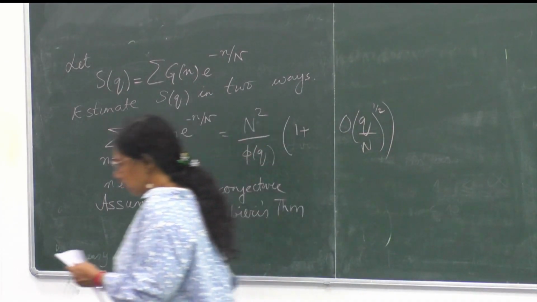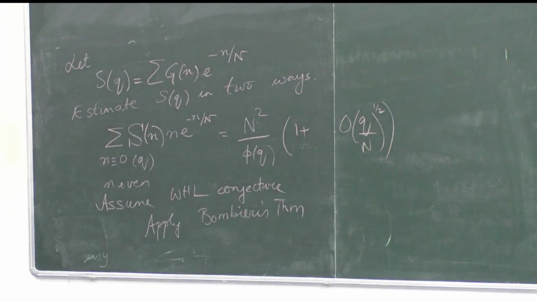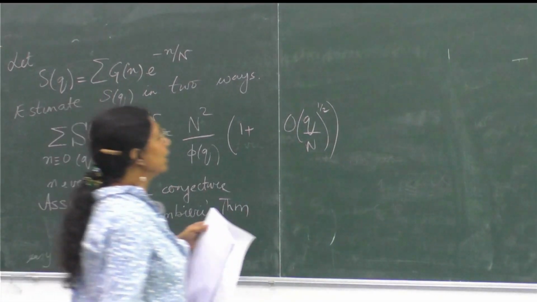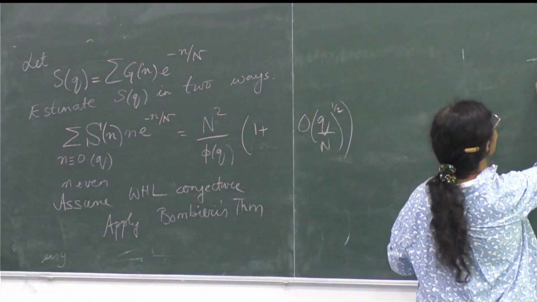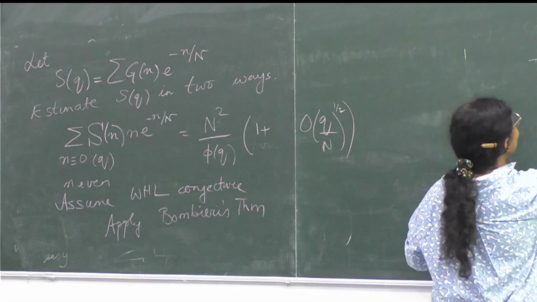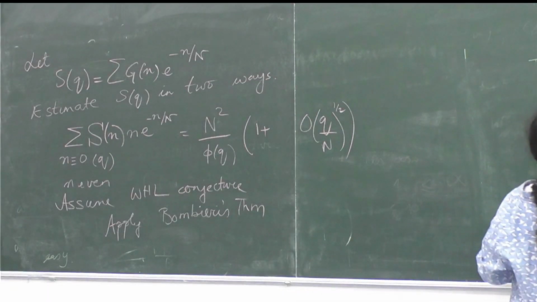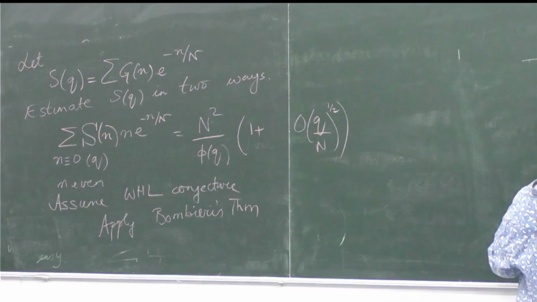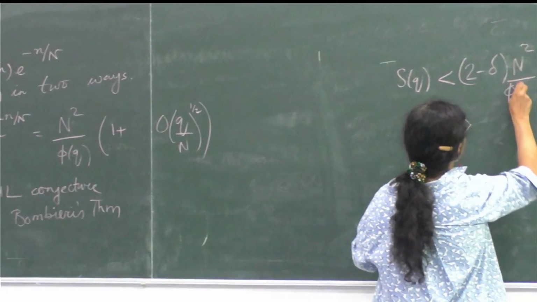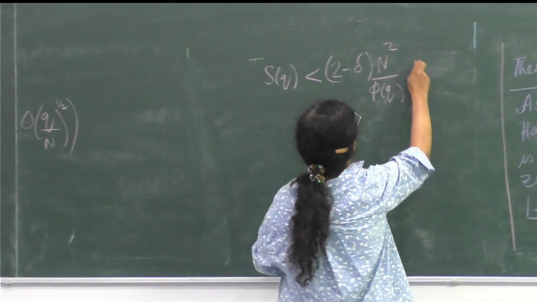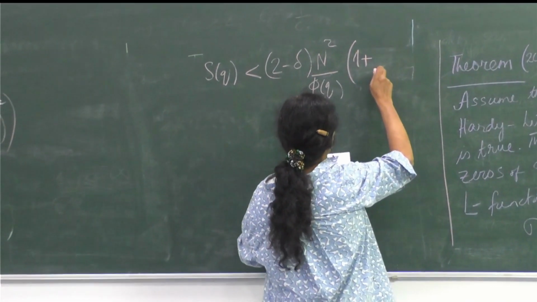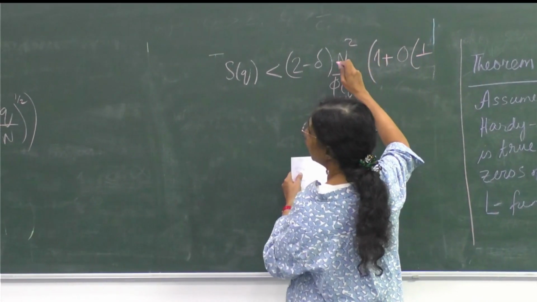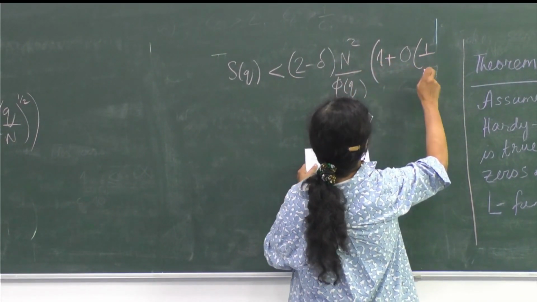Having done this, they managed to prove that this S of q is between 2 minus delta n square by phi q, 1 plus big O of 1 by log n.